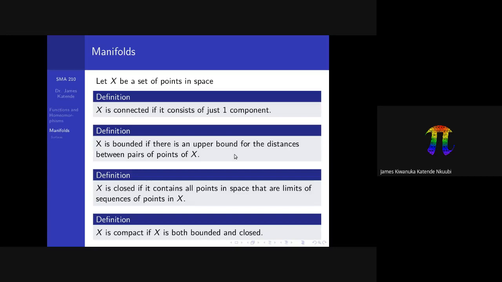An example is a circle of radius 2. If I pick any pair of points inside the circle, the distance between the pair of points cannot exceed the diameter of the circle. So now the circle is of radius 2. What is the upper bound for the distances between pairs of points inside the circle?